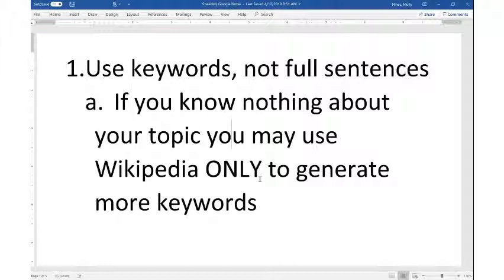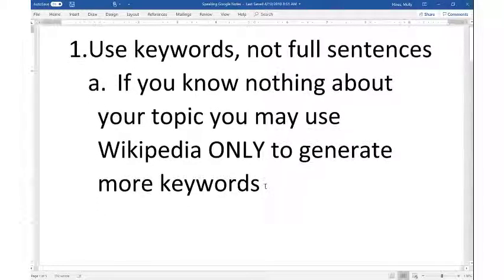How you use Wikipedia is you go to it, you read the first paragraph or two, and that can help you generate some keywords, and only to generate keywords about your topic. Wikipedia is not a citable source. We cannot use wikis. We'll go over why that is in a little bit, but this is a way that you can get more keywords, and we only search with keywords.